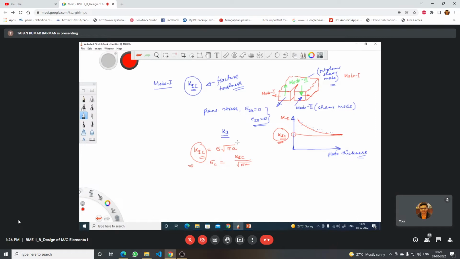So if K1C is known, then we may calculate the sigma c value also, the critical value of stress, using this. And a here is basically the crack dimension, crack length. This way we can determine the material property K1C, and using that we can design one component considering fracture of the material.